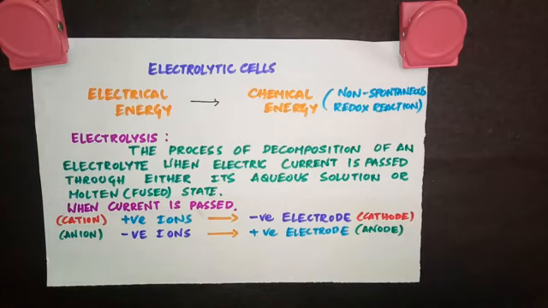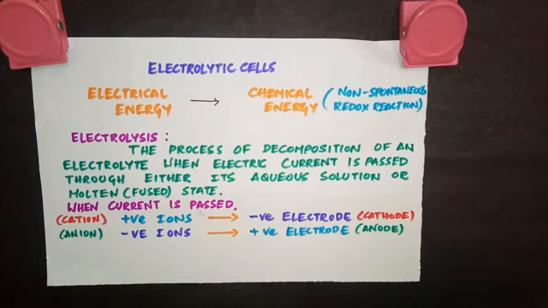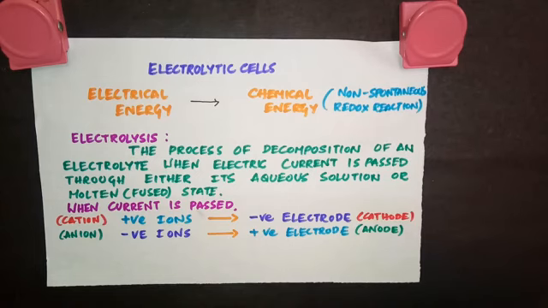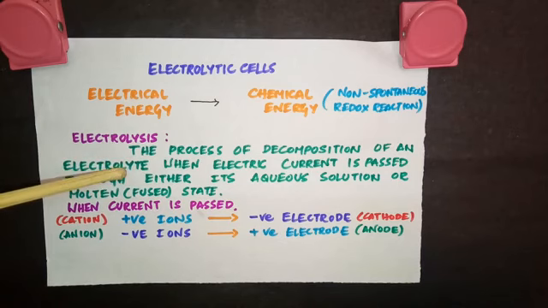In the previous video, we have seen how current is conducted in electrolytes and the different terms that we use to talk about this conduction. The electrolyte can be any electrolyte, for example NaCl, copper sulfate.